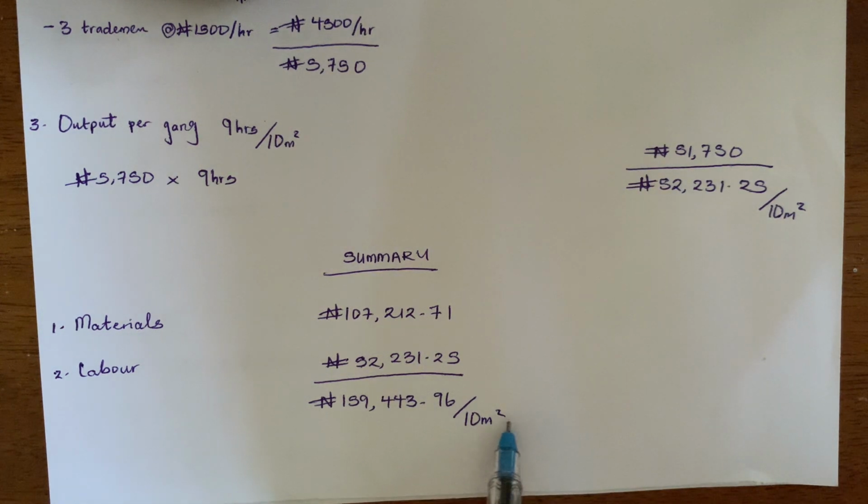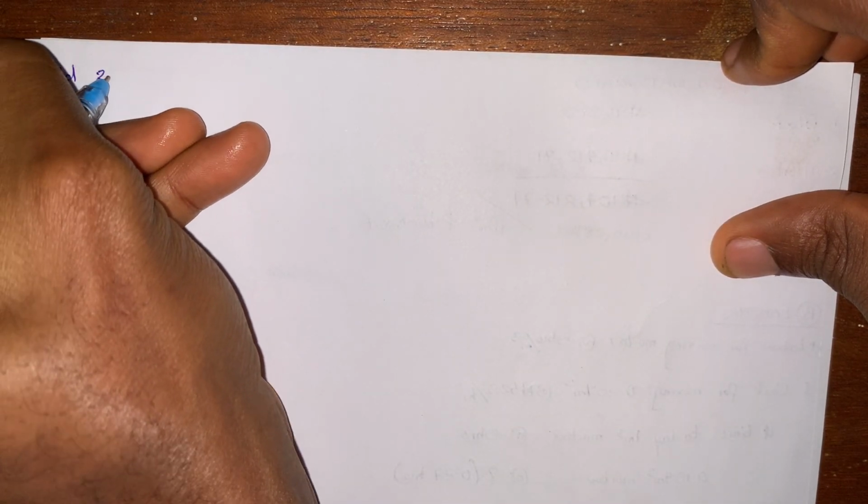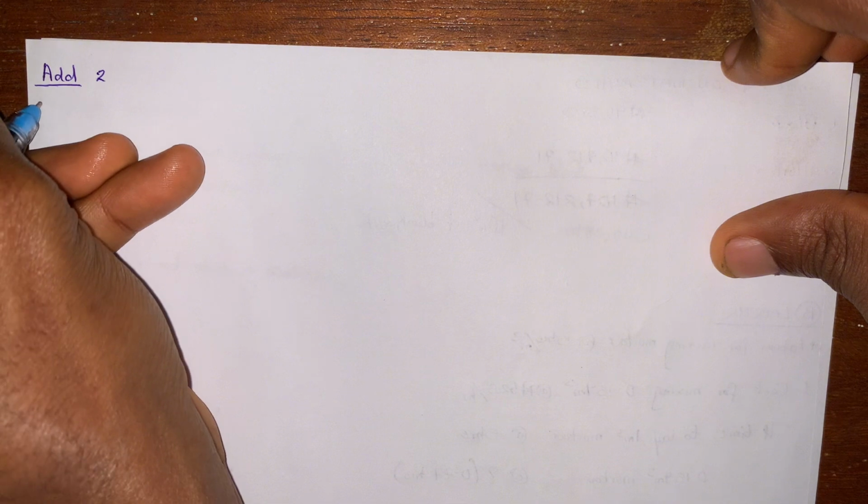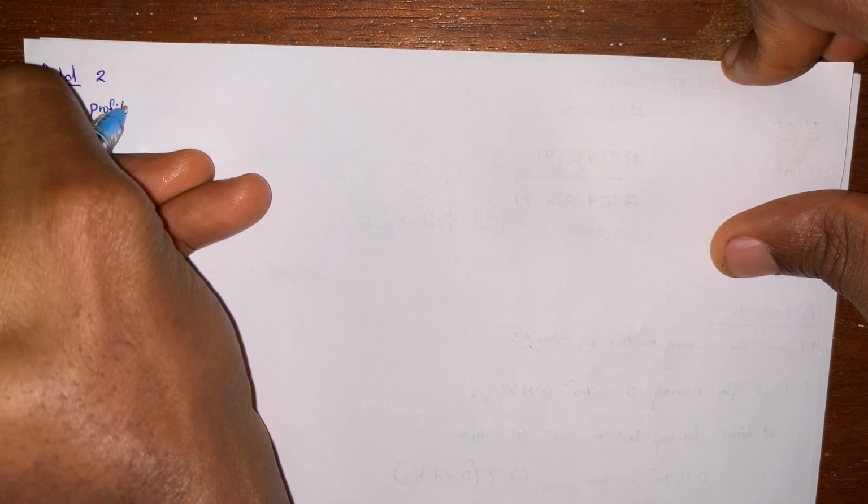So it means that for 10 meters square of block work that we're going to be laying, we're going to be needing this amount. So after doing this, if it is a contract price, that is if it's a company that is awarded the contract, you will now add your percentage for profit and overhead. So we'll now add 25% profit and overhead.